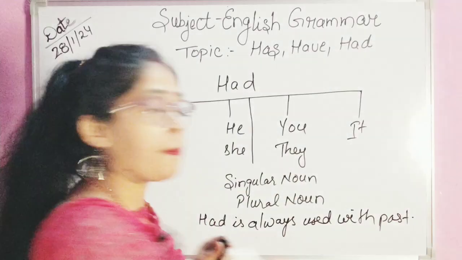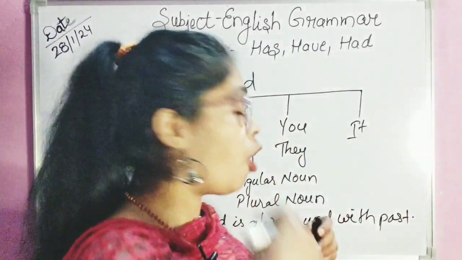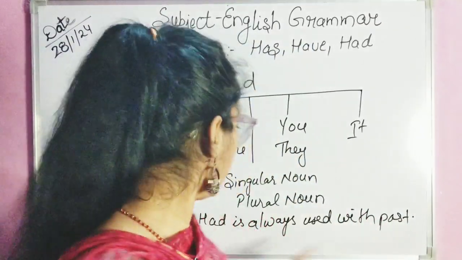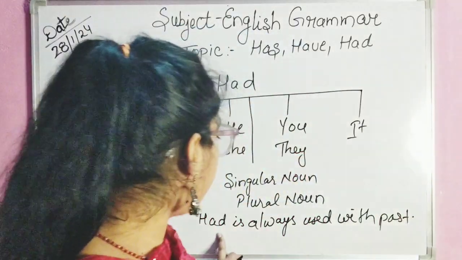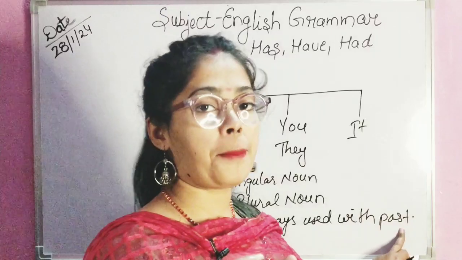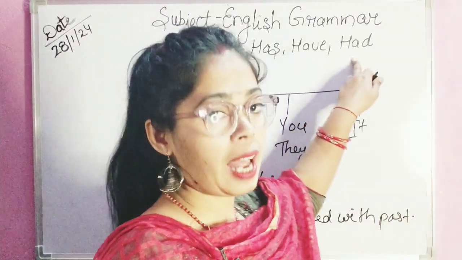Okay. जो आपका क्या हो चुका है, जो आपका पास्ट में वो काम हो चुका है. Okay. That is already you have done. Right. So has and have is always used with present and had is always used with past. So this is the only difference between has, have and had.